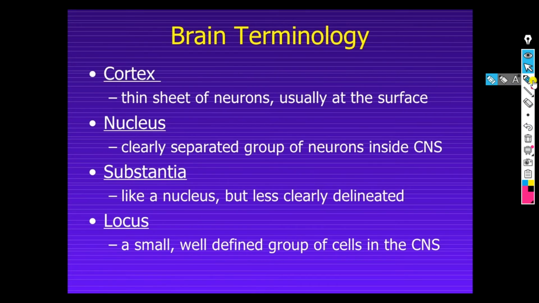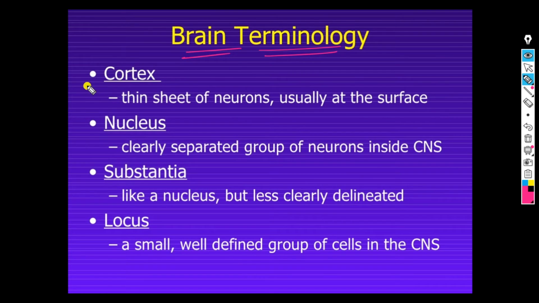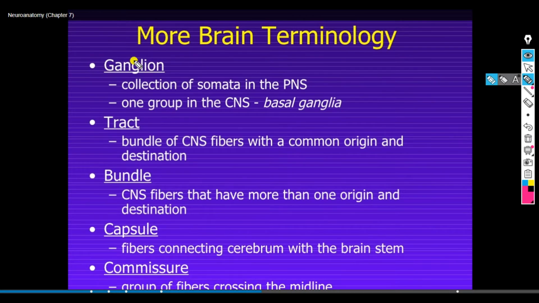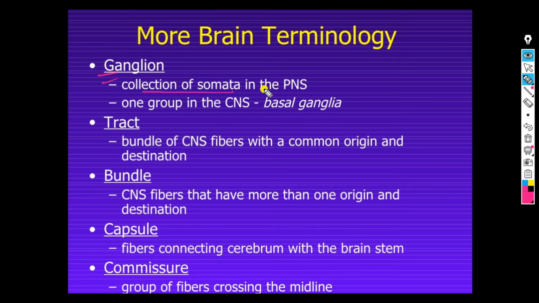Brain terminology. The cortex is a thin sheet of neurons, usually at the surface. A nucleus is a clearly separated group of neurons inside the central nervous system. Substantia is like a nucleus but less clearly delineated. A locus is a small, well-defined group of cells in the central nervous system. A ganglion is a collection of somata in the PNS. One group in the central nervous system is the basal ganglia.